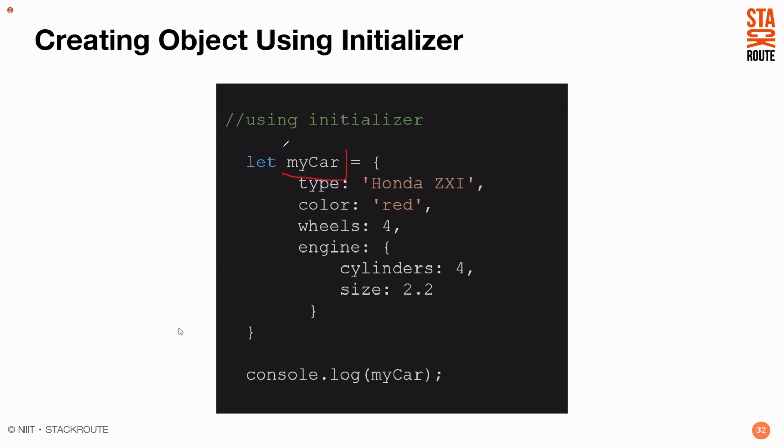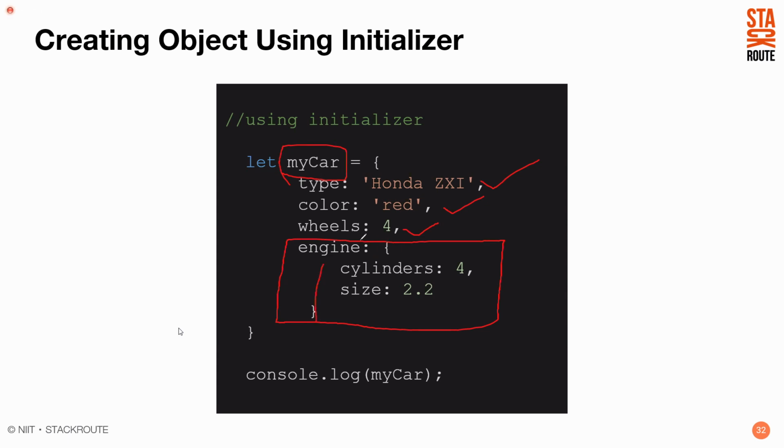My car is an object holding the first property type, second property color, third property wheel. What is the speciality of the fourth property, engine? Engine is also a property, but it is not holding a single value.